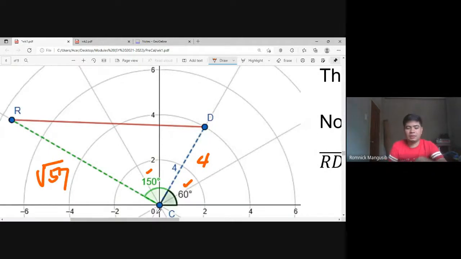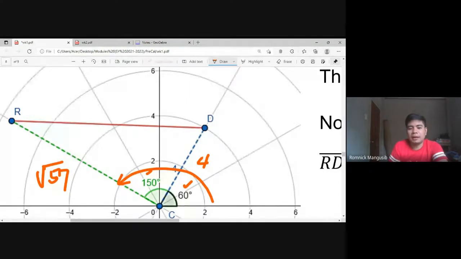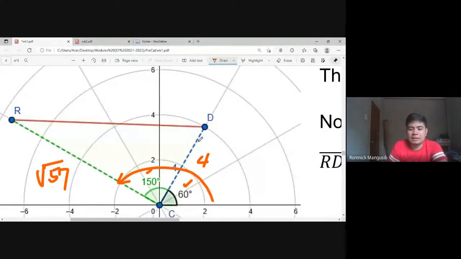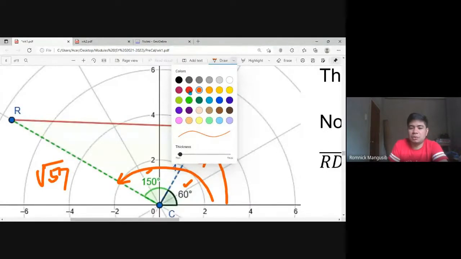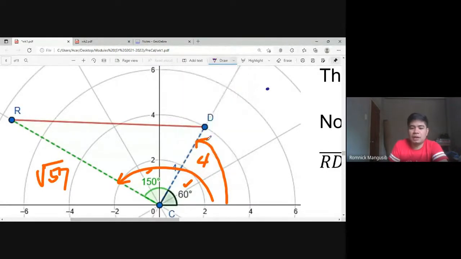Ang sabi niya dito, kung ang angle ni R ay 150 degrees, so ito si 150 degrees. Ang angle naman ni D ay 60 degrees, so hanggang dito lang ang 60 degrees. So pag ipapasolve na sa iyo ang angle between them, then you have to be conscious na ang kinukuha mong angle ngayon ay ito lang.